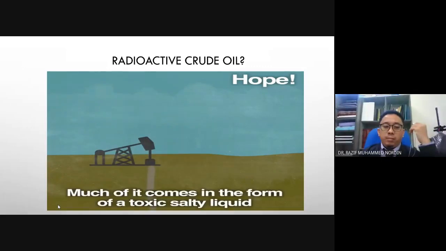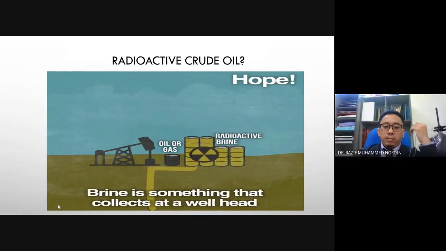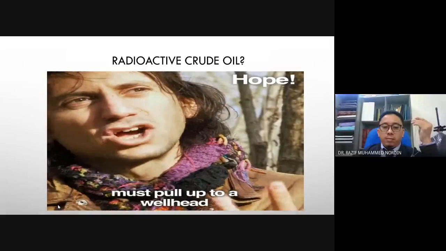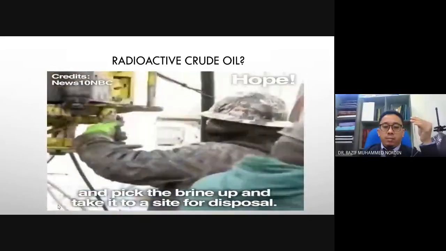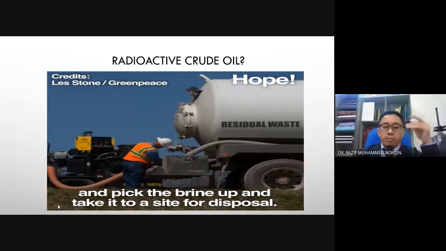Much of it comes in the form of a toxic, salty liquid that the industry refers to as brine. Brine is something that collects at a wellhead in tanks, and human beings, truck drivers, must pull up to a wellhead and pick the brine up and take it to a site for disposal.